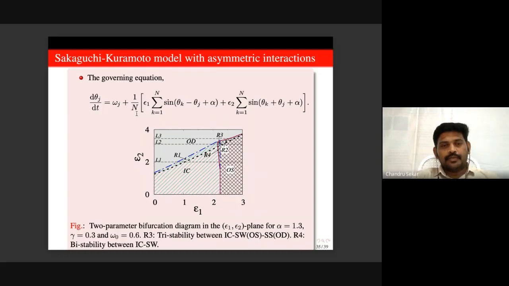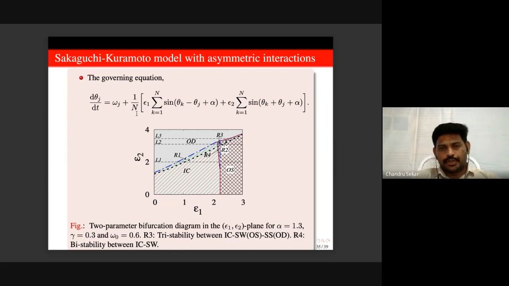Then we introduced the same asymmetric interaction in the Kuramoto model. Here alpha is the asymmetry parameter. If alpha and epsilon 2 are 0, then this equation is the Kuramoto equation.